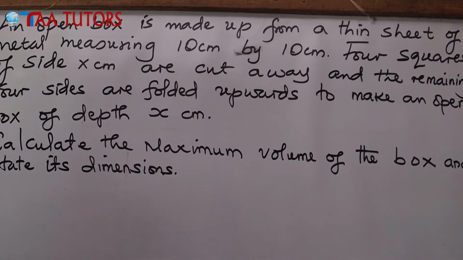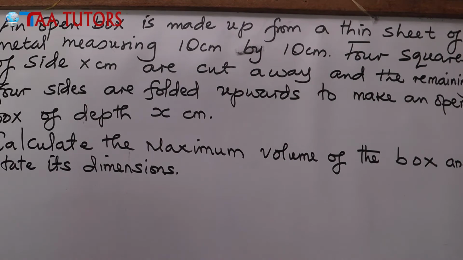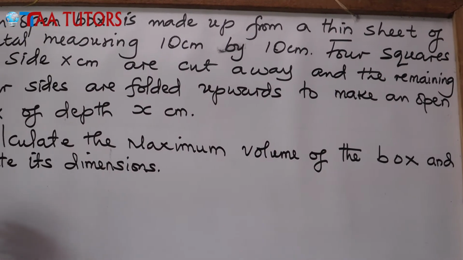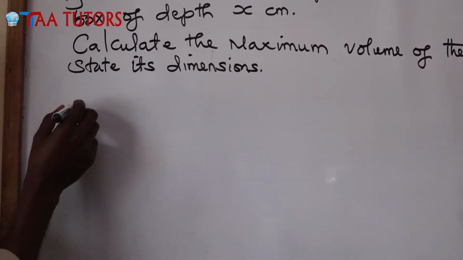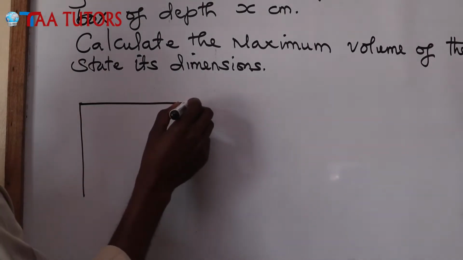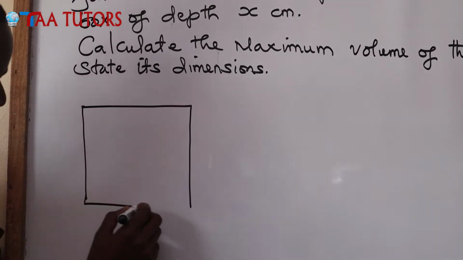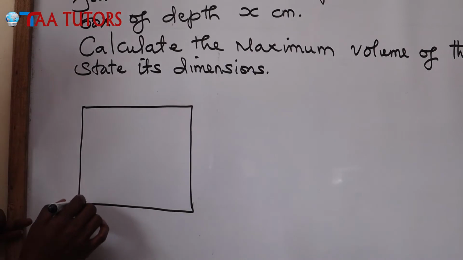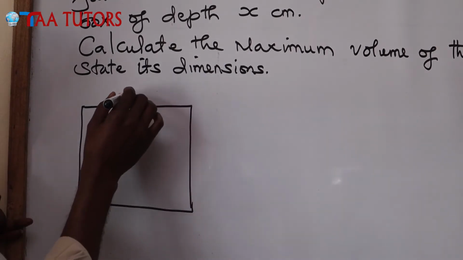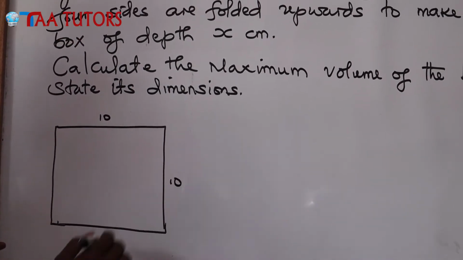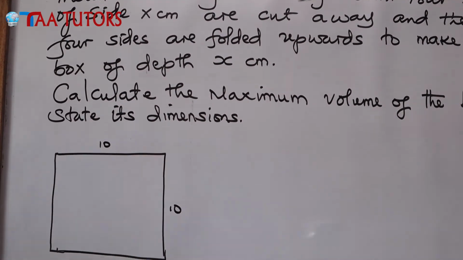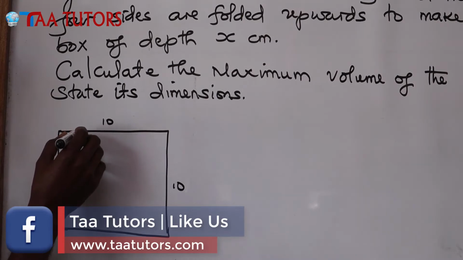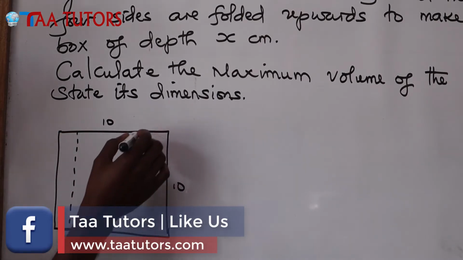Now, this information may not make a lot of sense until we make sense out of it. Let's sketch a square the way they have told us, 10 by 10. This is a plain sheet. We have not made a box yet. It's a plain square, which is 10 centimeters on each side. But for us to make a box out of this, this is what welders do.